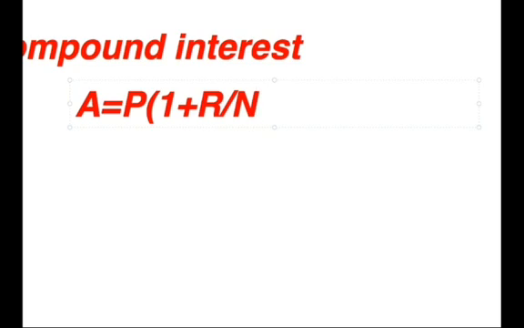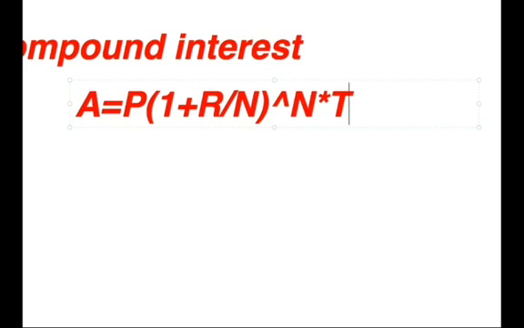Basically the time. All of this is raised to the power N times T. N times T means the number of times interest is applied per time period multiplied by the number of time periods elapsed.